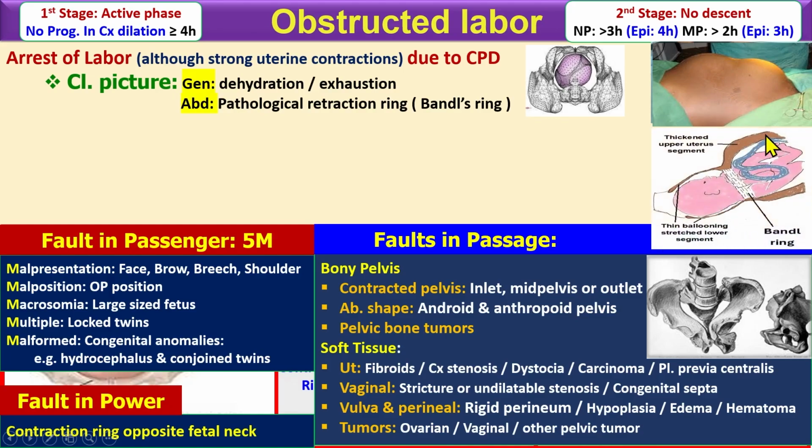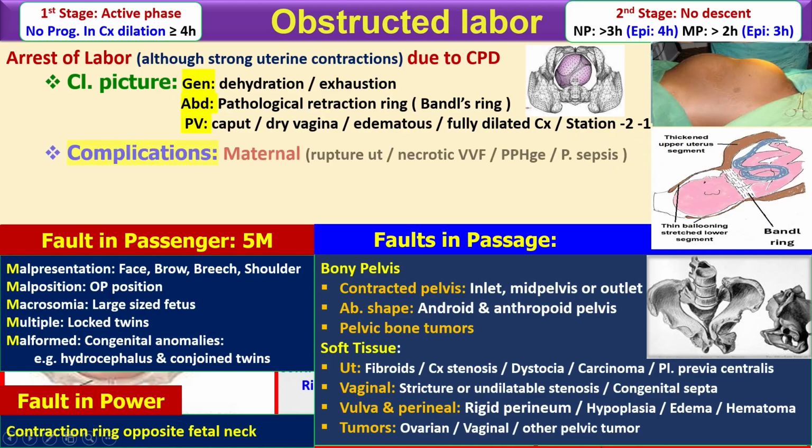Here you can see this upper segment is thicker and the lower segment is thin. So this is known as Bandl's ring. In the pelvic examination you find caput in the fetal head, a dry vagina, an edematous and fully dilated cervix, but the station is -2 or -1.